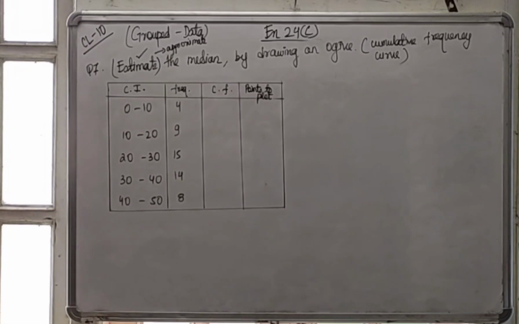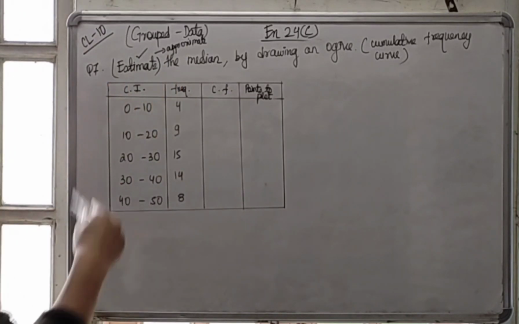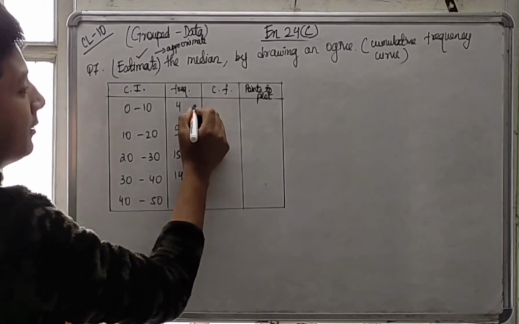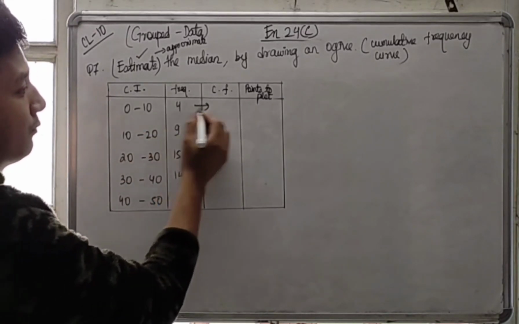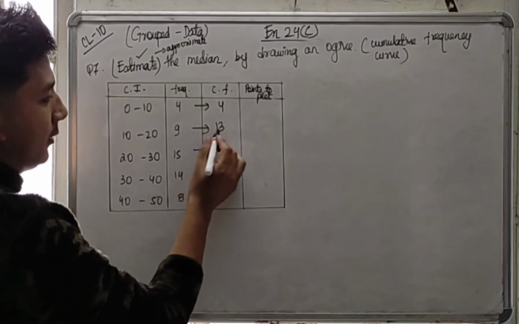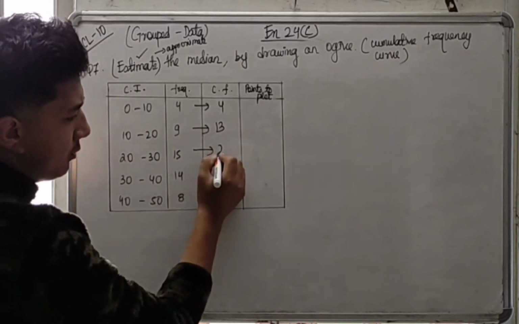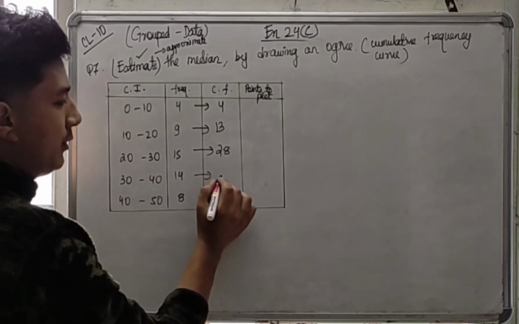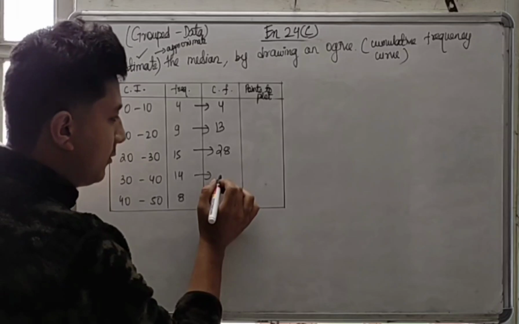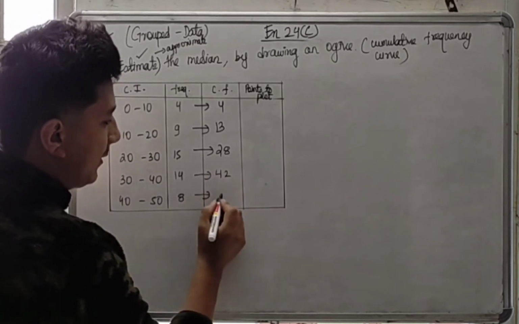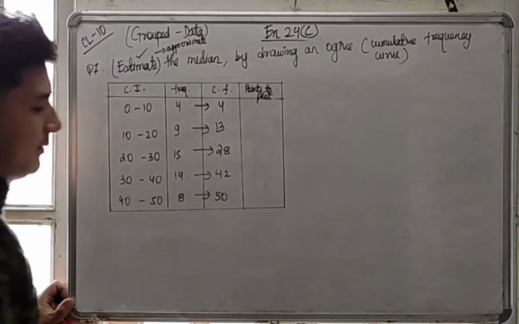The first two columns are already given in the question, class interval and frequency. We'll start by finding CF, the cumulative frequency. 4 remains 4. 4 plus 9, 13. 13 plus 15 is 28. 28 plus 14 is 42. And 42 plus 8 is 50.